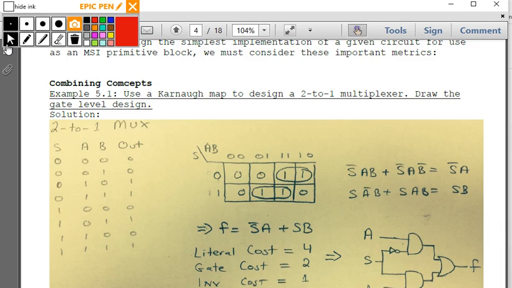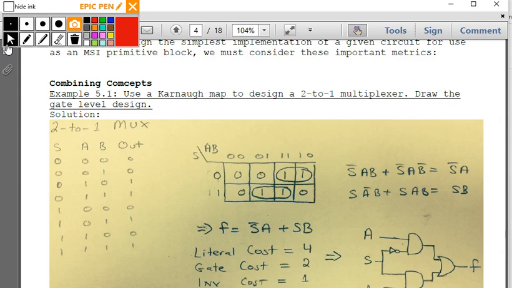So here I've reduced it. I've taken the logic S, A, and B, or S bar, A, B, or S bar, A, B bar, which reduces down to just S bar, A. And then again, S, A bar, B, or S, A, B, which just reduces down to SB.